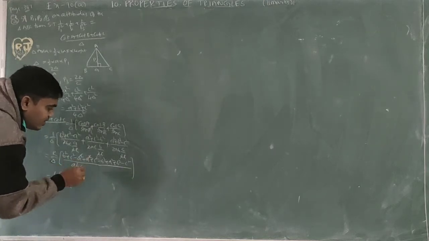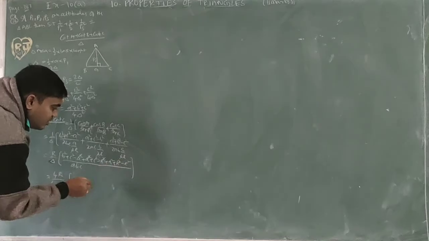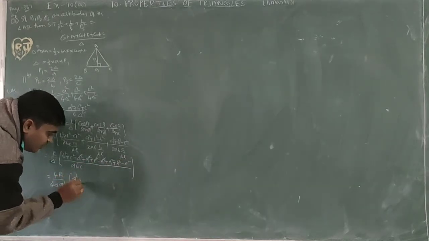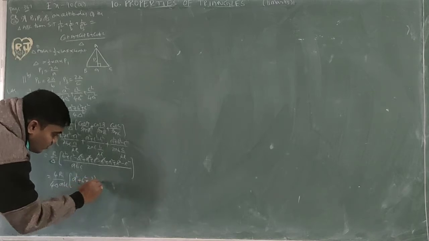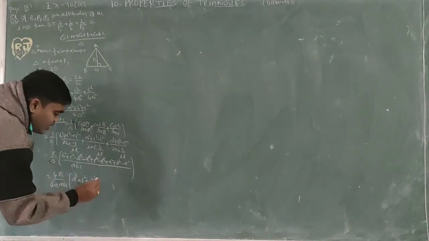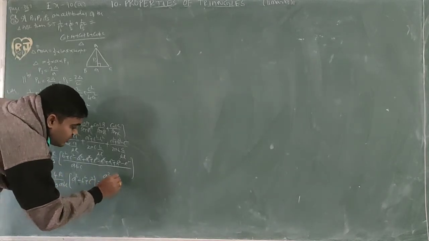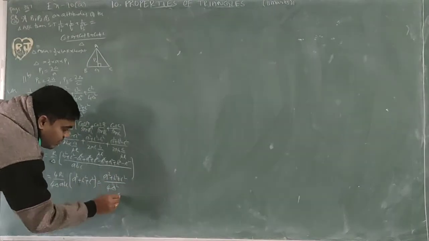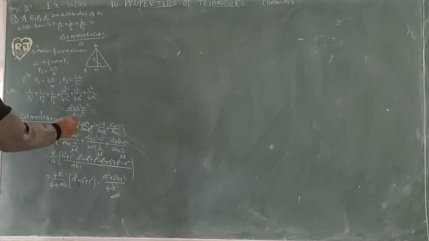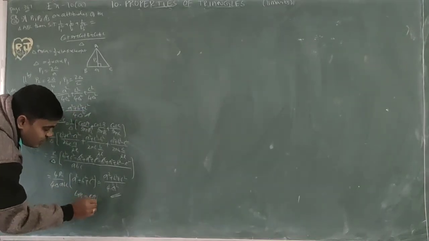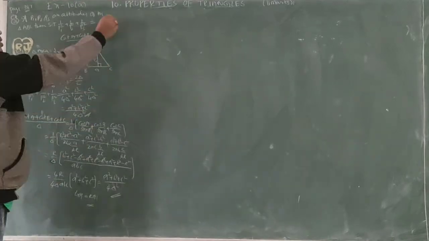A square cancels, b square cancels, c square cancels. Numerator is a square plus b square plus c square. Since abc by 4R is delta, it is actually the denominator. So 1 by delta, a square plus b square plus c square by 4 delta into delta, 4 delta square. So LHS equals RHS. Hence it is proved.